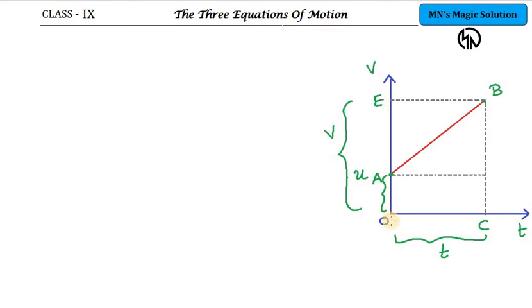Here the final velocity is represented by OE and that is v. Numerical value in the length எவ்வளவுமா v.